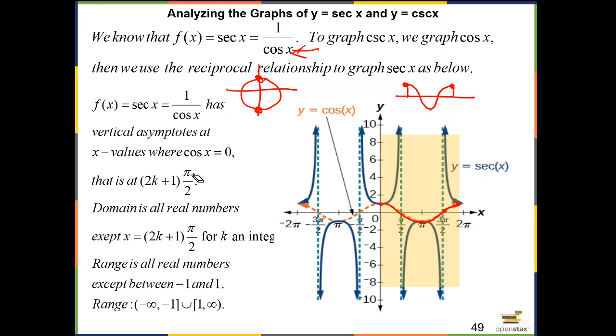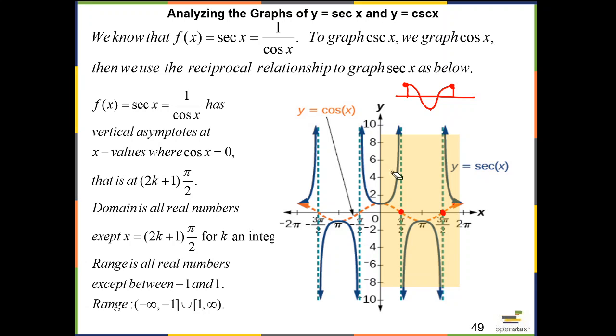And we talked about this already. Odd multiples of pi over 2. So whenever we have odd multiples of pi over 2, so 1 pi over 2 right here, basically at the points where cosine crosses its own midline, we have what?